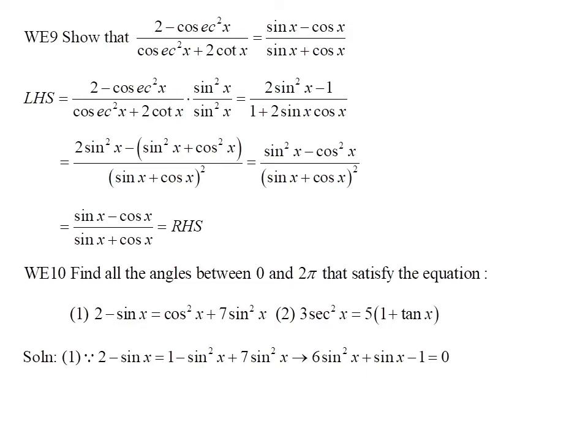Then the equation becomes 6 sine squared x plus sine x minus 1 equals 0, which is factorized to (2 sine x plus 1) times (3 sine x minus 1) equals 0. Hence, we may apply the null factor law to obtain the x values that satisfy the equation.